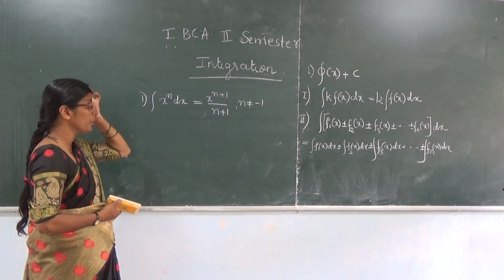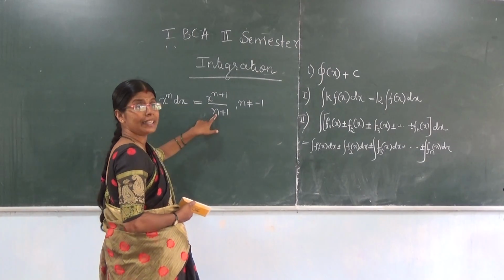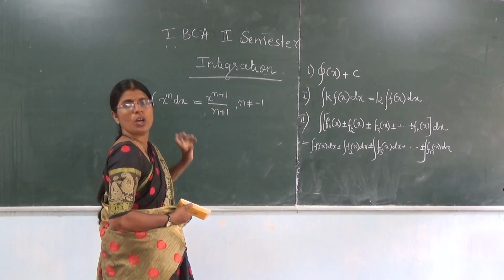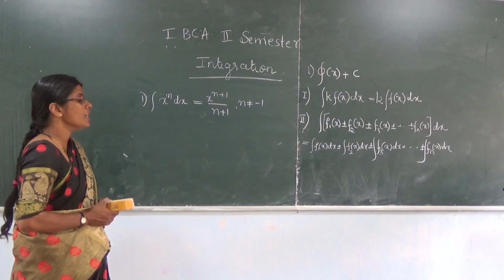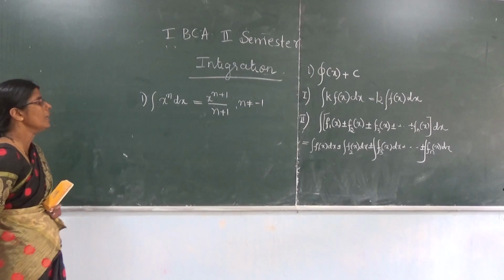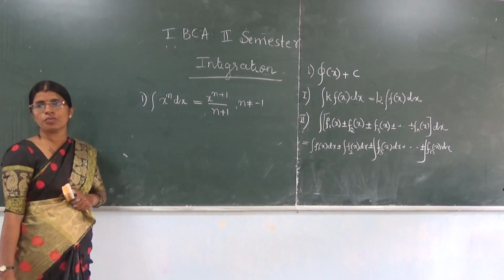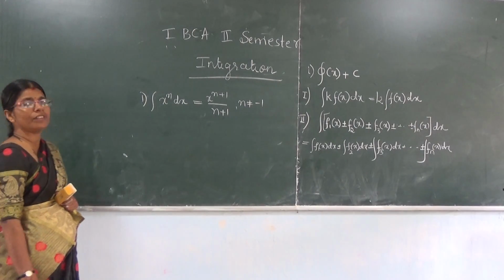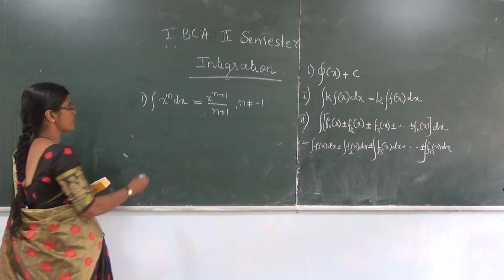Because if n is equal to minus 1, you are getting minus 1 plus 1, that is 0. So that term is not defined. So integral of x to the power n with respect to x is equal to x to the power n plus 1 divided by n plus 1, where n is not equal to minus 1.